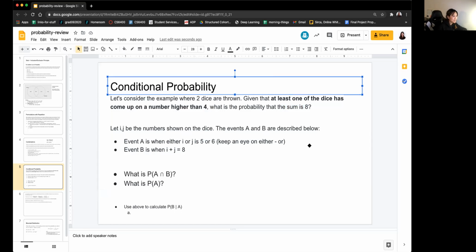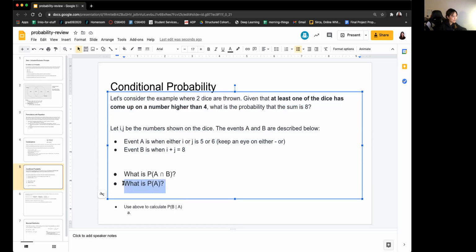I think in the labs, they ask these 2 questions to build up. So what is the probability of A intersect B? And then what is the probability of A? And then what we want to calculate is B given A. So given that I or J is 5 or 6, what is the probability of B?